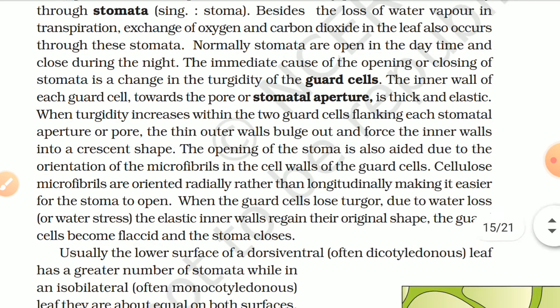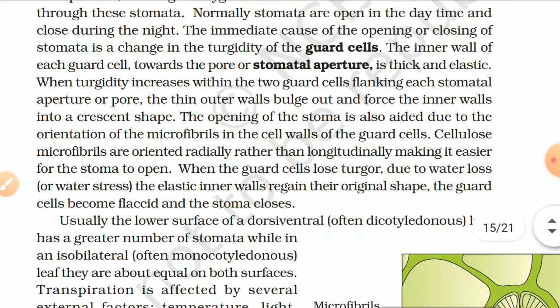The opening of the stoma is also aided by the orientation of microfibrils in the cell wall of the guard cells. Cellulose microfibrils are oriented radially rather than longitudinally, making it easier for the stoma to open. When the guard cells lose turgor due to water loss or water stress, the elastic inner wall regains its original shape.